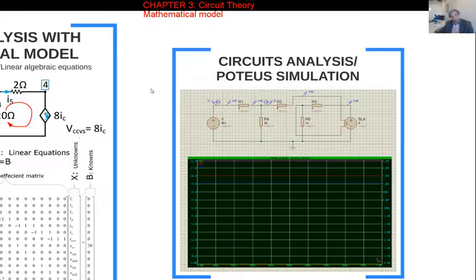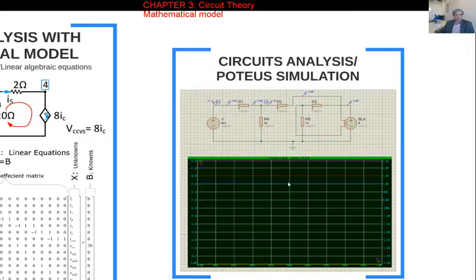Most probably you already use this. So this is how we are going to simulate this given circuit in Proteus. You're going to draw that schematic in Proteus and put these probes, voltage and current probes, and find the results here.